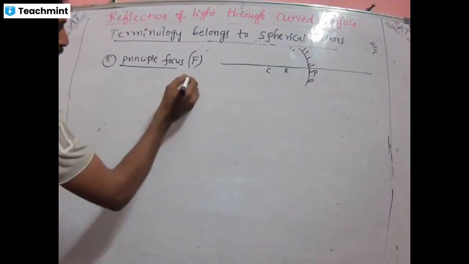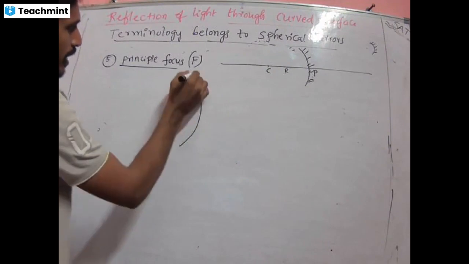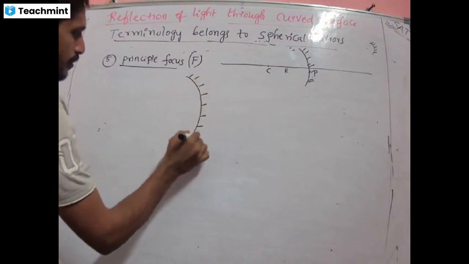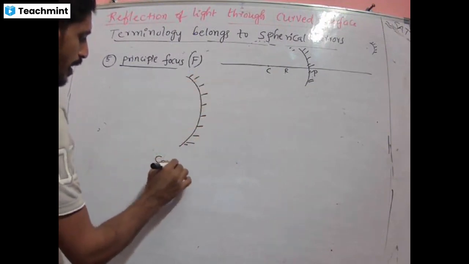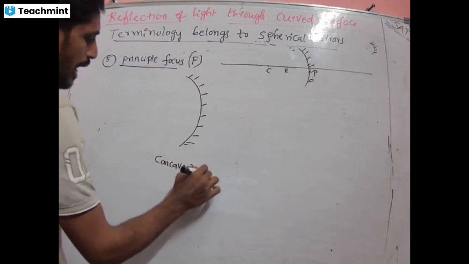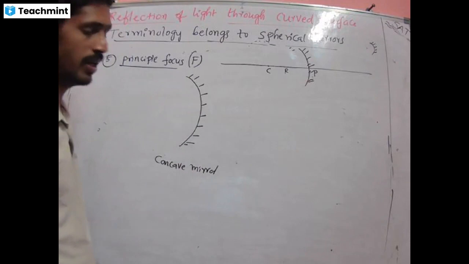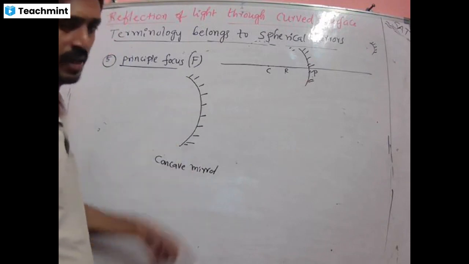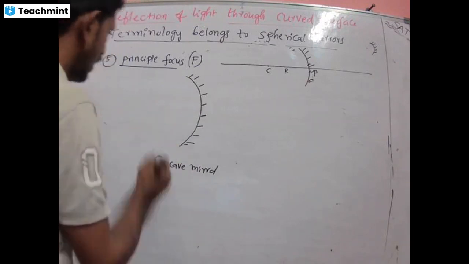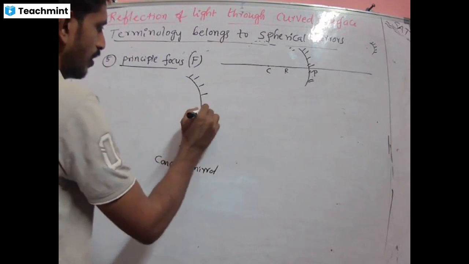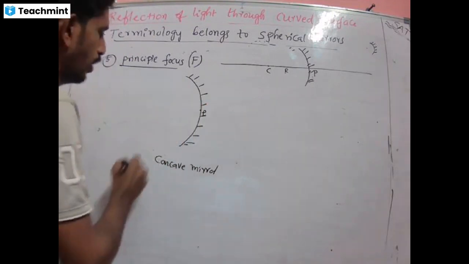So I want to take first the concave mirror. Concave mirror means the hollow surface is the reflecting surface. That type of mirror is called a concave mirror. Every time, you draw the pole and locate the center of curvature.